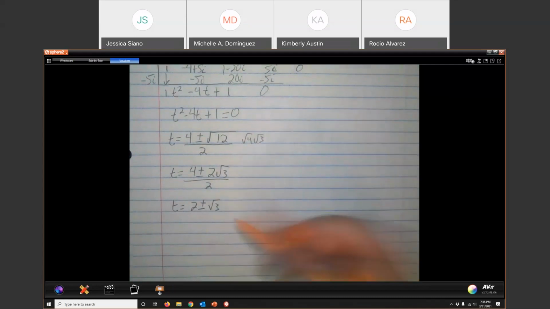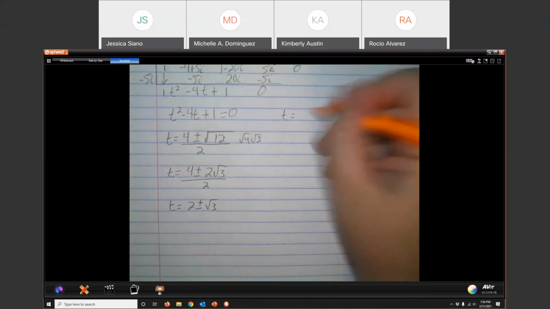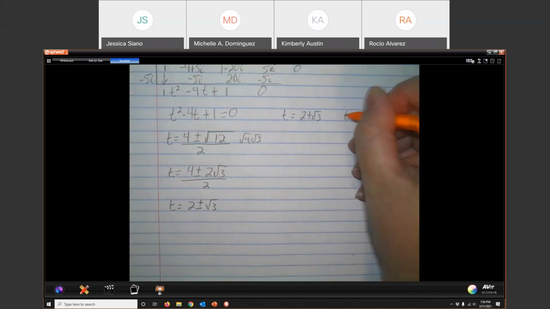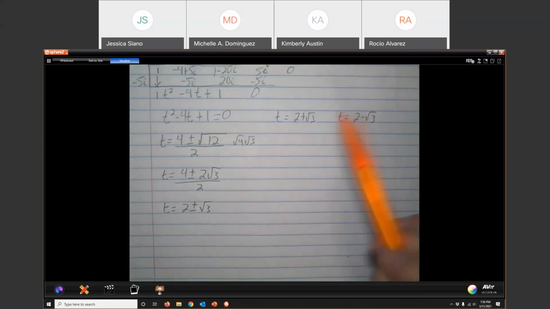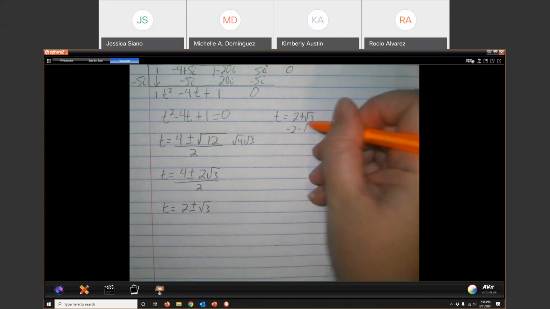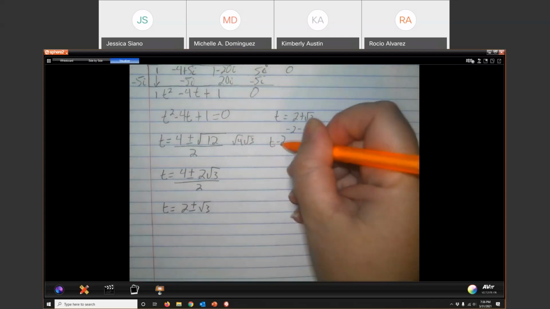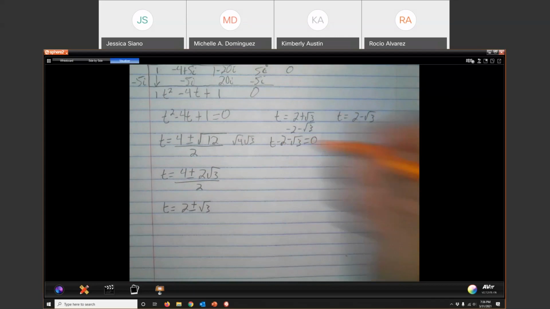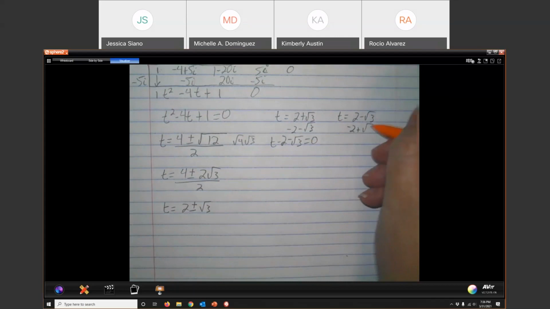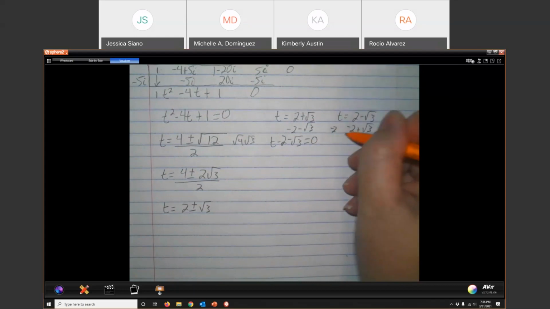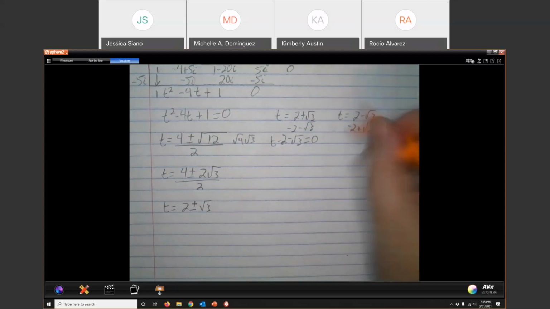So now I want to talk about these for a second. To turn these into factors, we move everything to one side to get it equal to 0. So I would subtract the 2 and subtract the rad 3, and that is my linear factor. For this one, I would subtract the 2 and add the rad 3, so I would have t minus 2 plus rad 3.